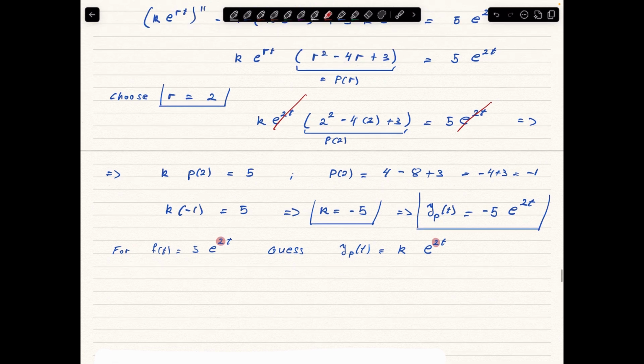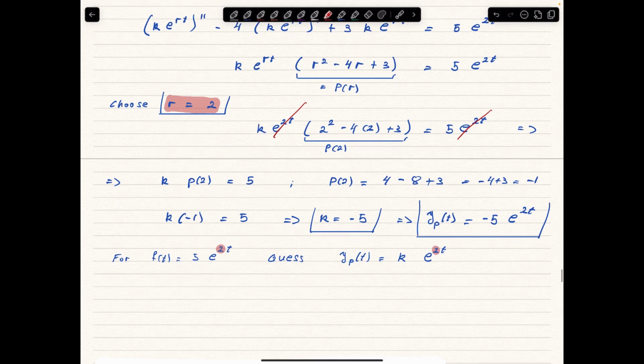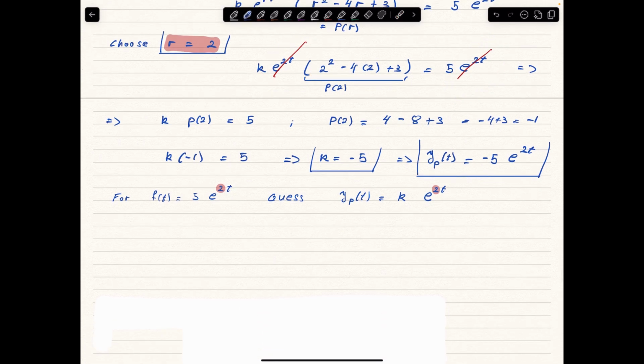This is what we chose over here. And we did it so that these exponentials cancel out. The method is called undetermined coefficients because this is the undetermined coefficient.